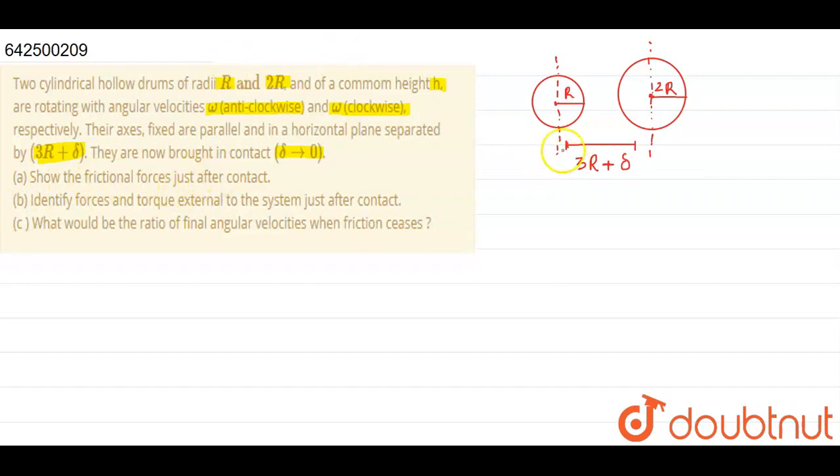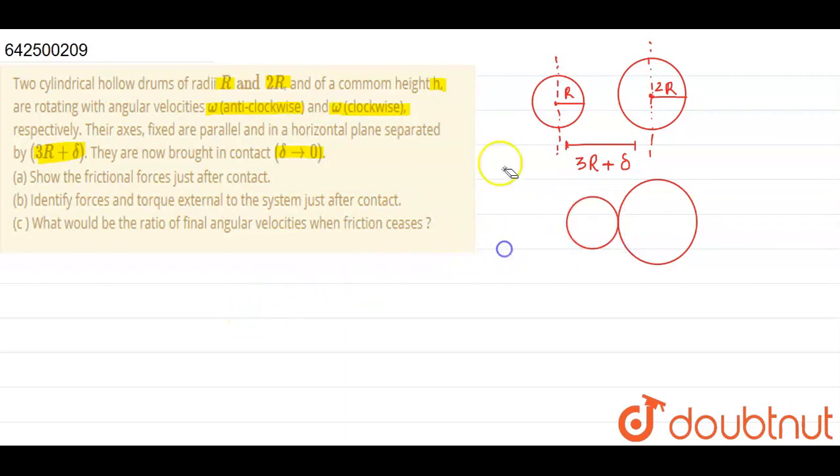See what is happening. Initially, the axes were separated by a distance of 3r plus delta, but now we are bringing them closer. Let's say this is the hollow drum of radius r, and this is the hollow drum of radius 2r, but we have to bring them closer, so I need to raise this one and draw another one that is closer to it.